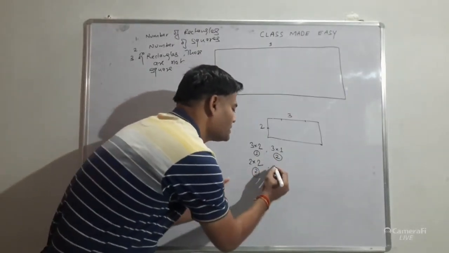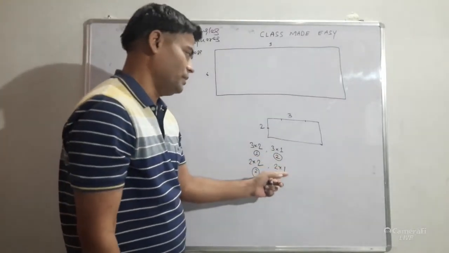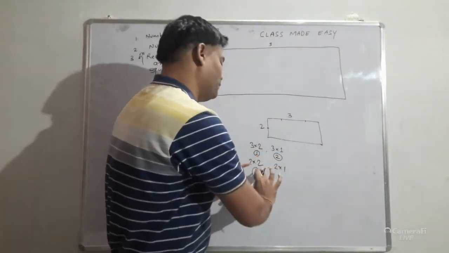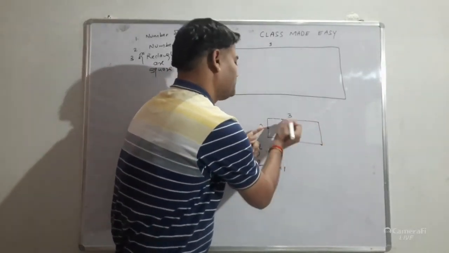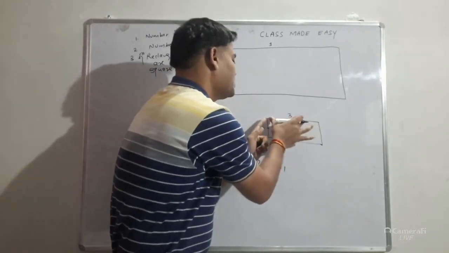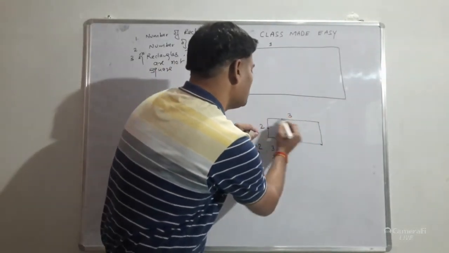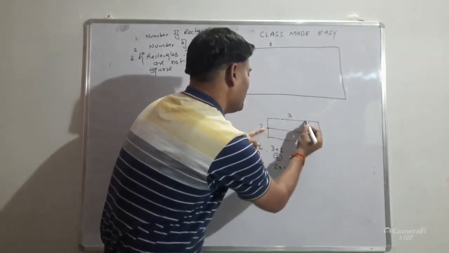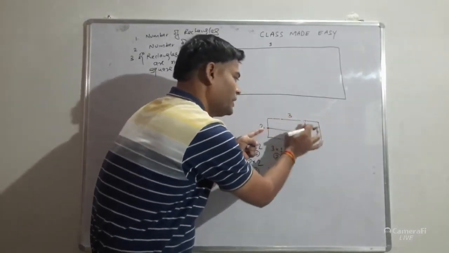Another size is 2 by 1. So 2 by 1 means keeping this length 2 fixed, this is 3. If you take this one as 2, this is 2, so 2 by 1 is this one. Now if I write, this is 2, this is 1, that is 1 rectangle.